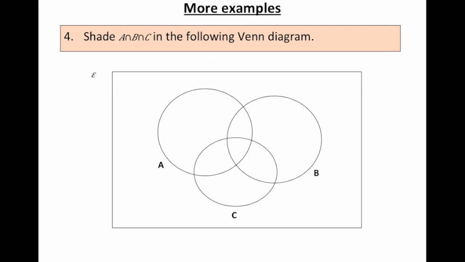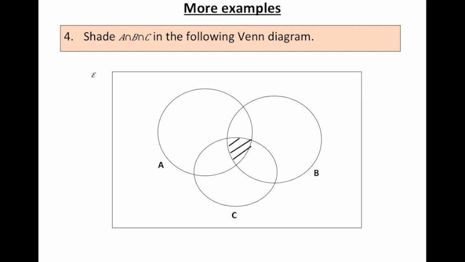Recall that we have agreed that shading A intersect B intersect C is nothing but shading the region that is common to all sets A, B, and C. Now, the only common region to all sets A, B, and C is nothing but the center region where all three sets overlap.